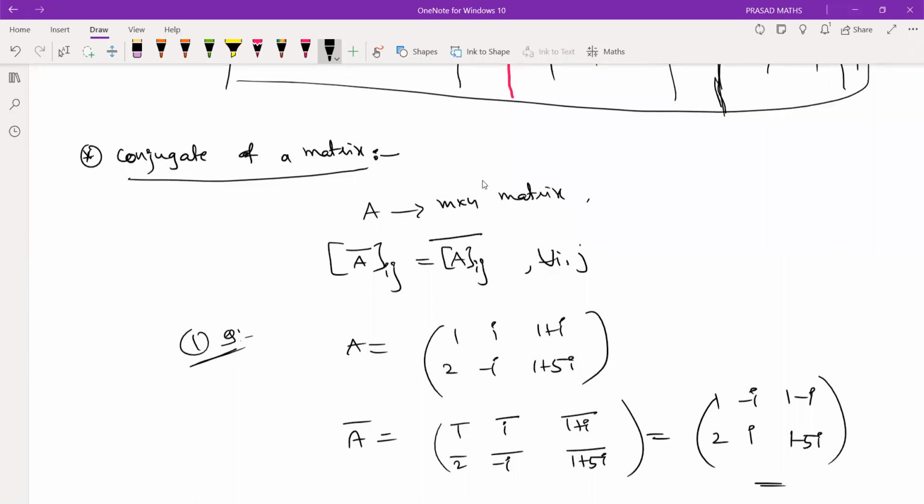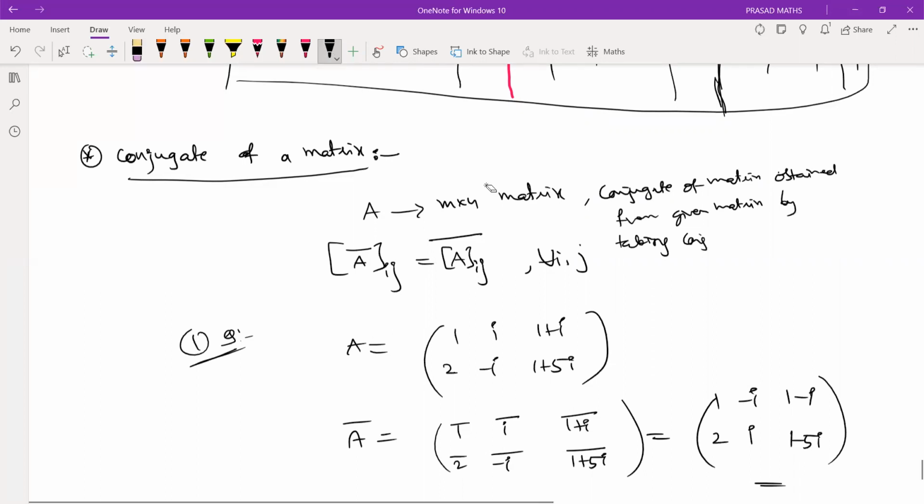Write it down: the conjugate of a matrix is obtained from a given matrix by taking the conjugate of the corresponding elements of the given matrix. So this is nothing but a conjugate, right?